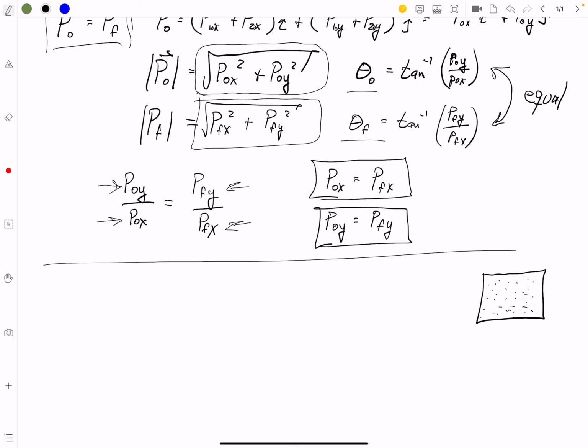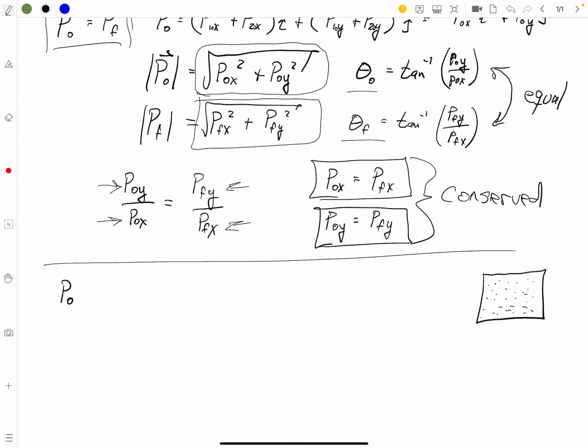Okay, lots of particles. And we just said what is conserved. We've got these two things that are conserved. So I'm going to write it all out.